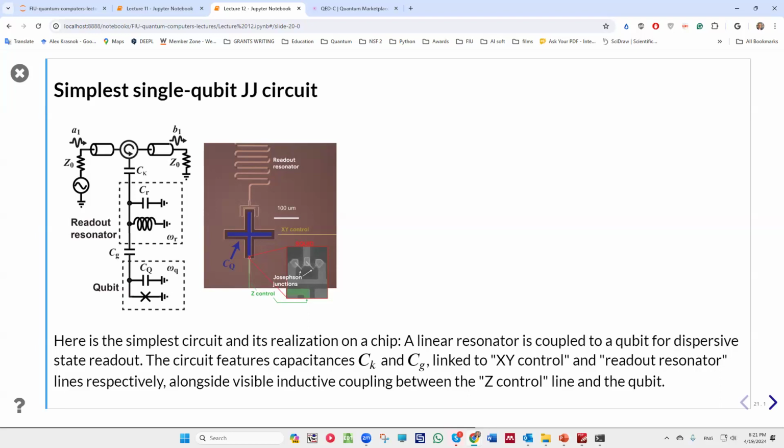This is a very nice composition: a person with microwave and quantum skills is highly desirable for the job market.